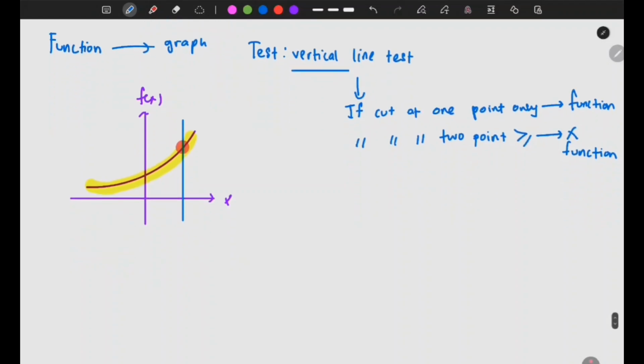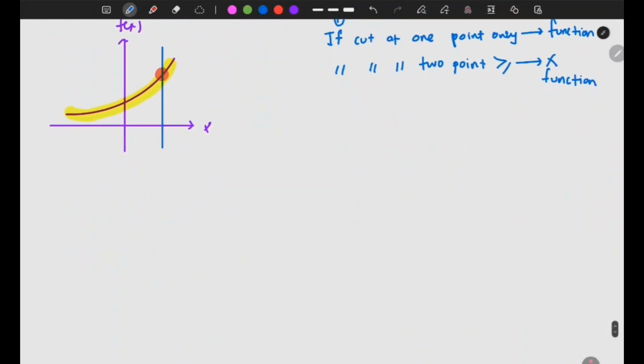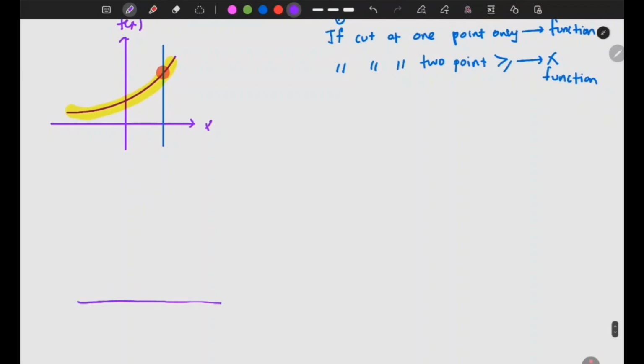So I give you another graph, a quadratic curve.